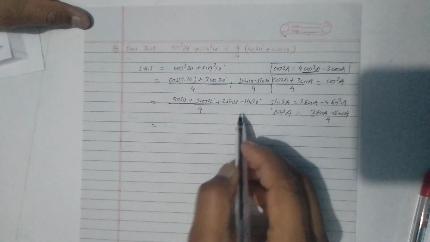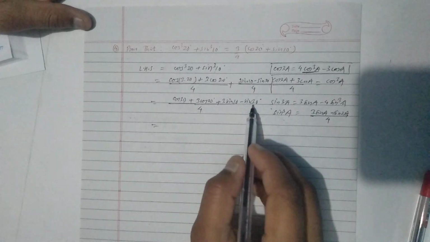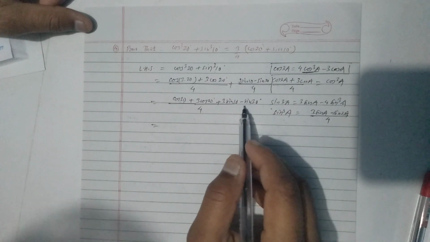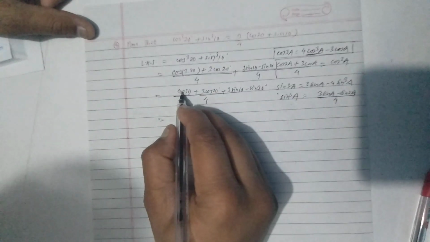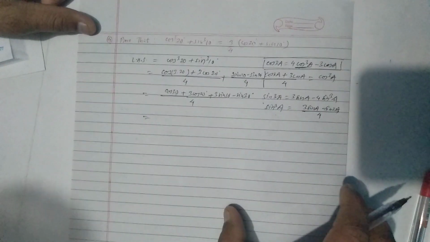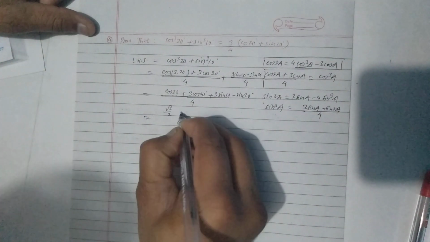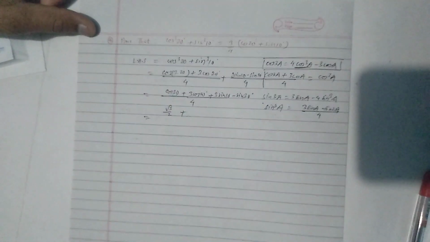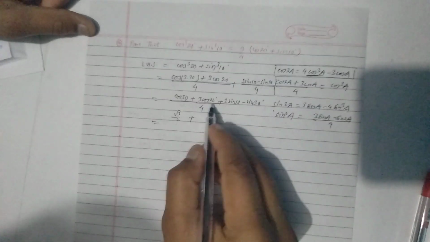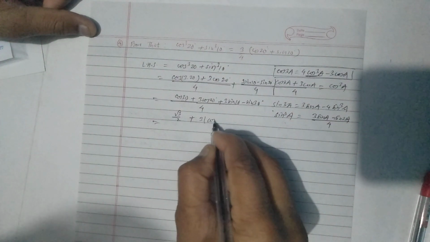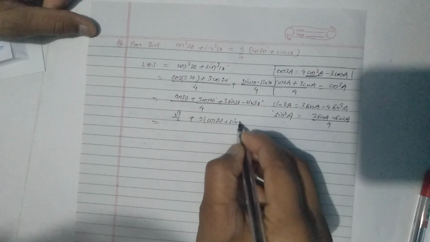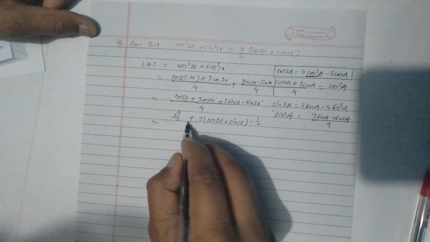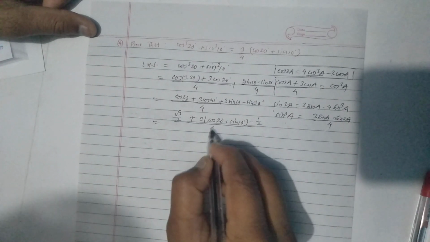You can see the value of cos 30 and the value of sin 30 we already know. So we just apply the value of cos 30, which means root 3 by 2, plus, if we take the common 3 in both, this will be 3 (cos 20 plus sin 10), and the value of sin 30 means 1 by 2, upon this 4.